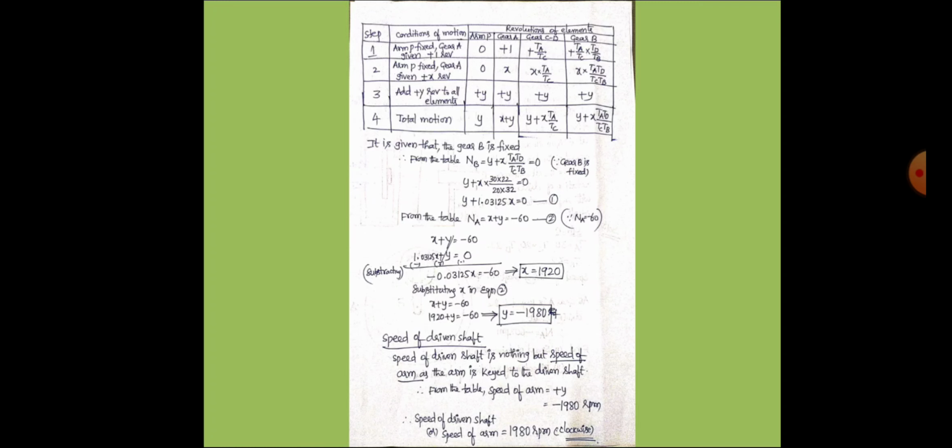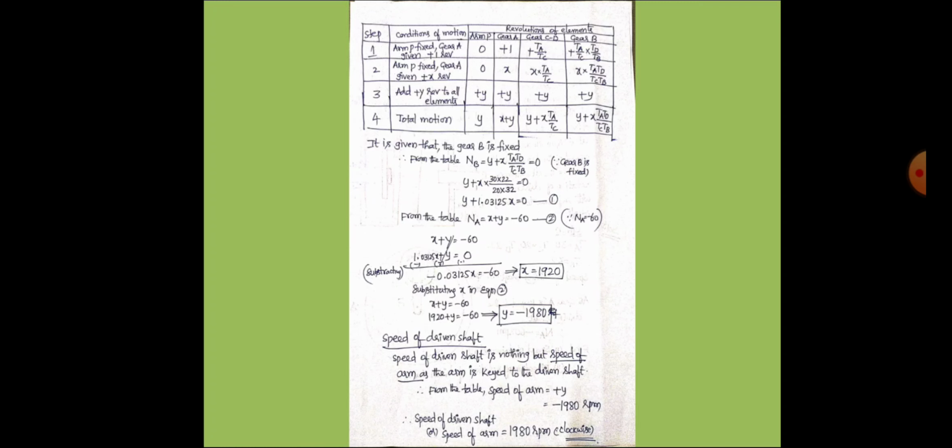Therefore, the speed of the driven shaft is nothing but the speed of the arm. If you read the statement of the problem, internal gear B, which has 32 teeth, is fixed. Therefore, NB is equal to 0.